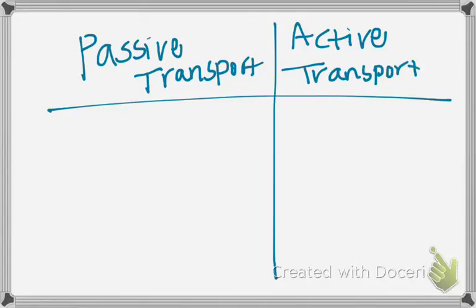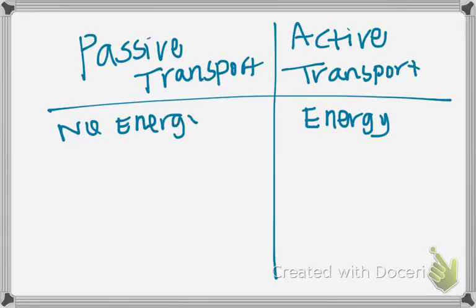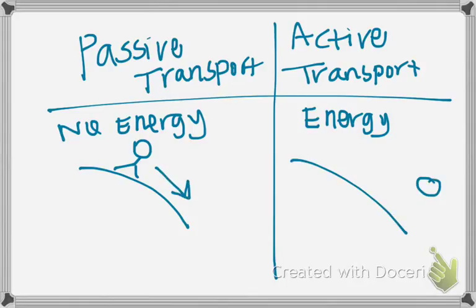First thing you want to know is that active requires energy. Okay, passive transport goes from high concentration to low concentration, kind of like you're walking down a hill. Active transport goes from low concentration to high concentration.